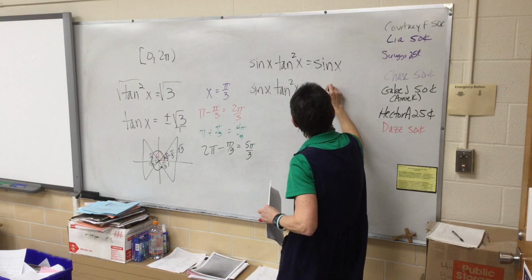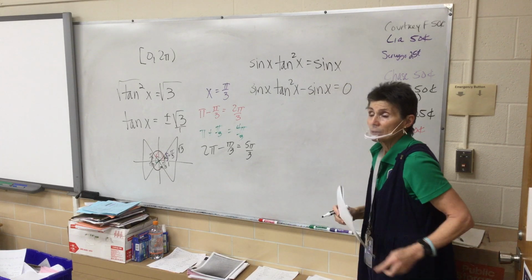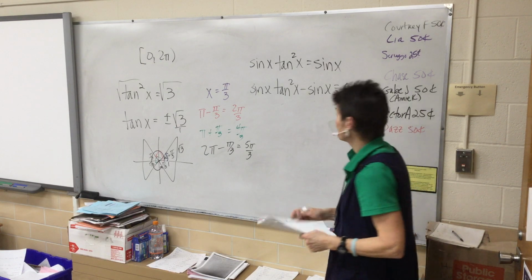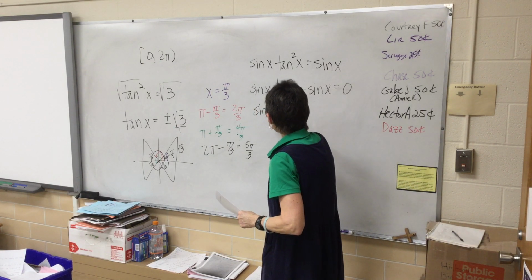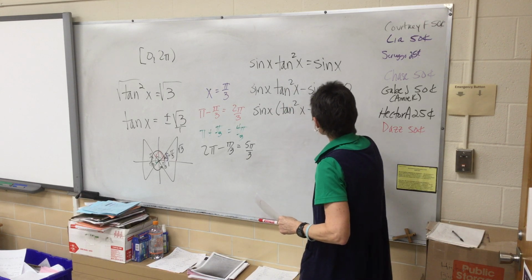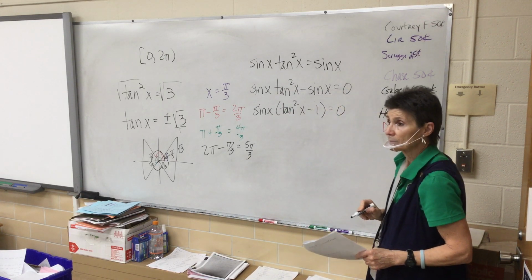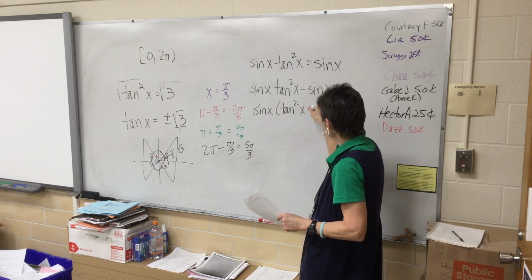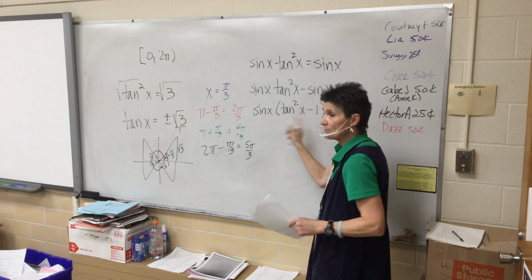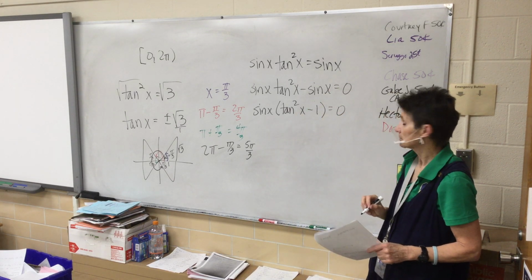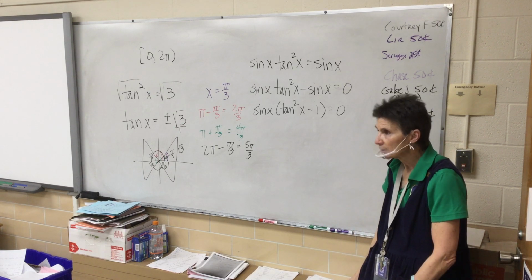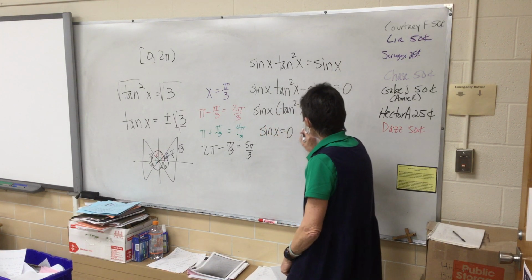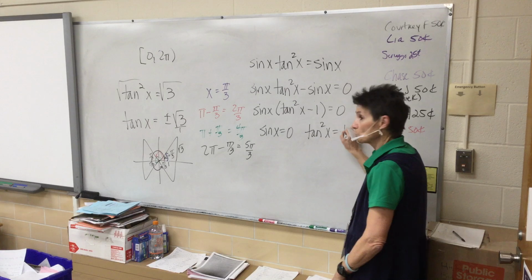It seems like forever ago, but do you remember getting everything on the same side so that you could factor out your sine. So we're gonna factor that out, and that's gonna leave us with tangent squared minus 1. And then once we've taken our sine out, we've factored out our common factor, remember to put the 1 there, then what do I do now? Set them equal to 0, sure. So sine x equals 0, and tangent squared equals 1.